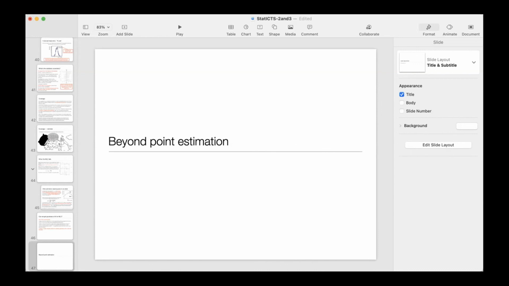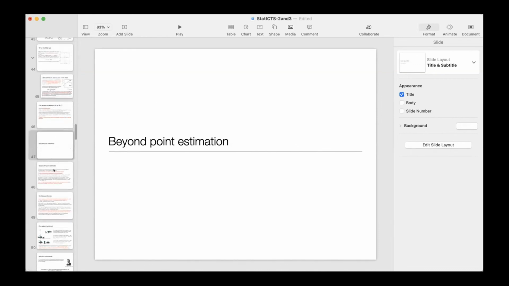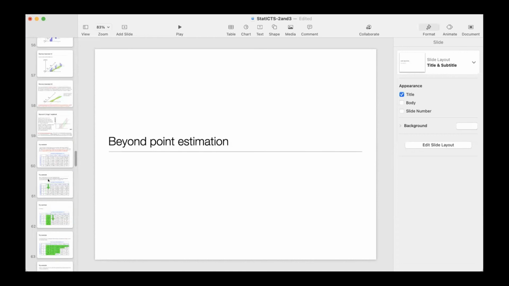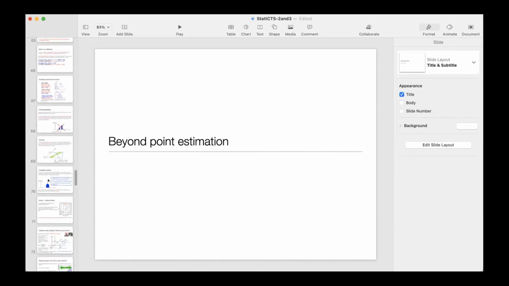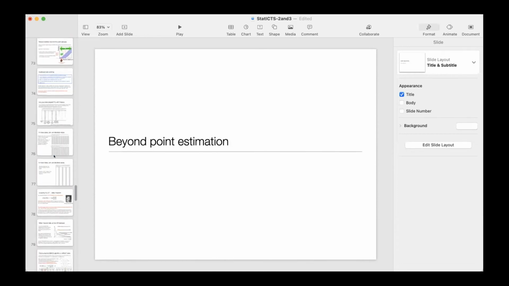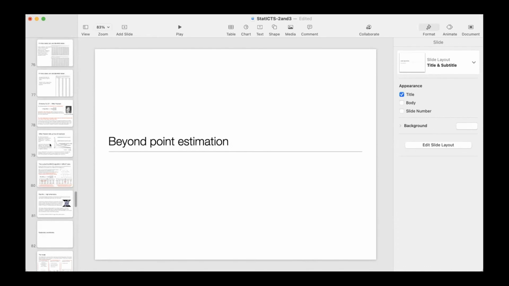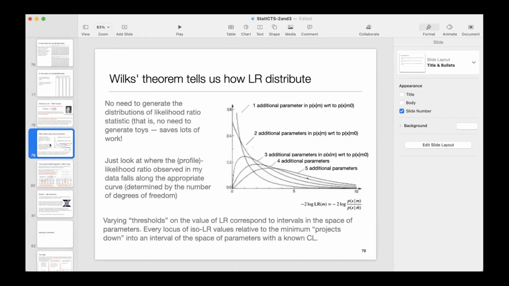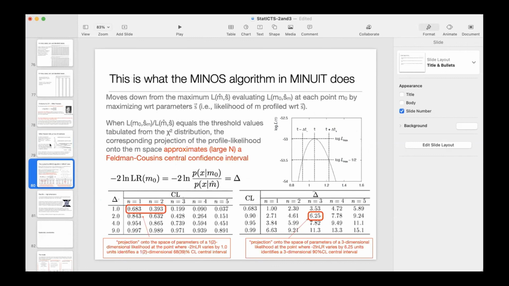I was planning to say it, but it was coming from the interval estimation. Let me go to the slide. Yeah, so this kind of plot here.